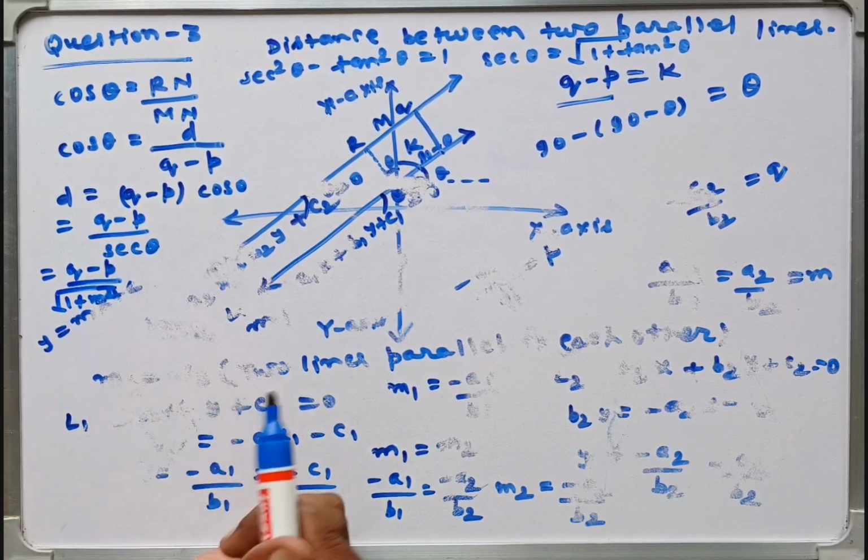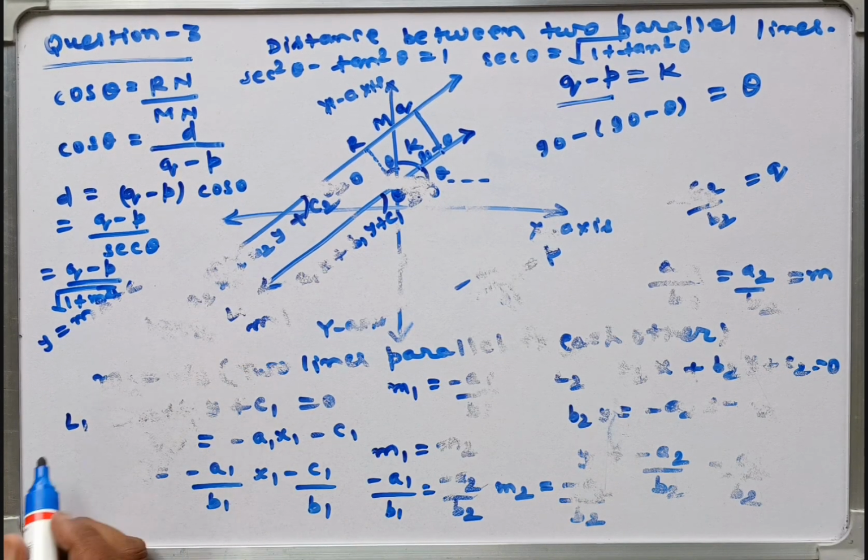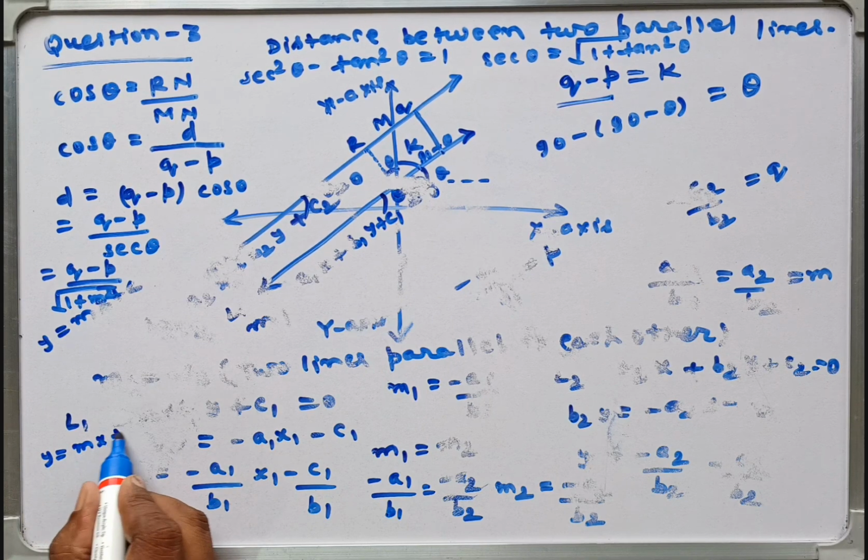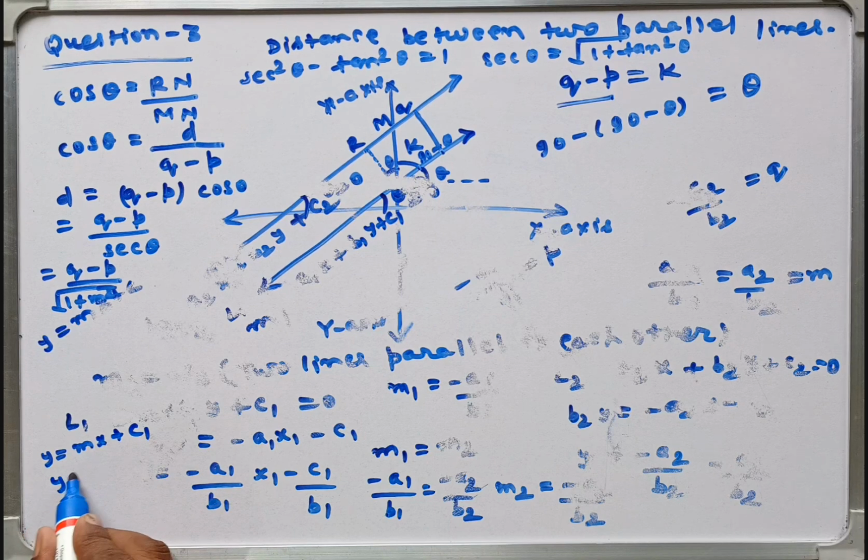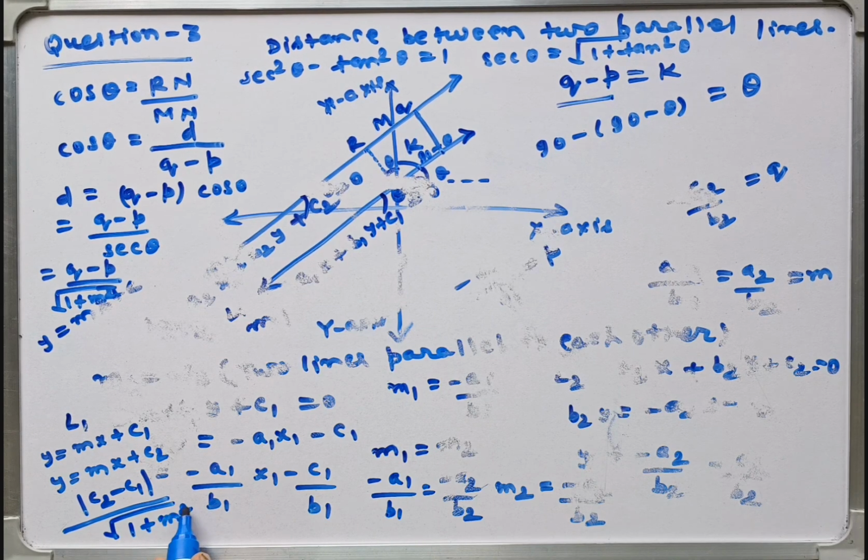Finally, if we write the equation in standard form, y equals mx plus c1 and y equals mx plus c2, where these two lines are parallel to each other, then the distance is c2 minus c1, take a mod, meaning this will give a positive value, divided by the square root of 1 plus gradient square.